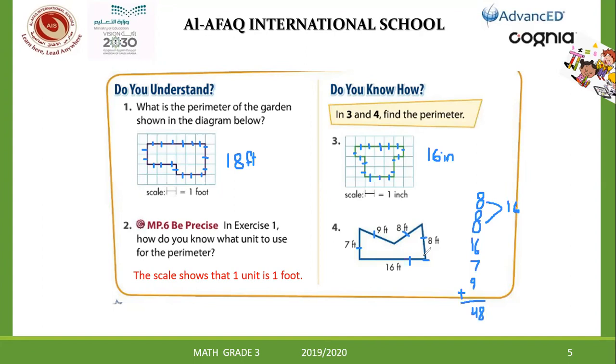We take the same unit for each side length, which is feet. So the perimeter of this figure is 48 feet.